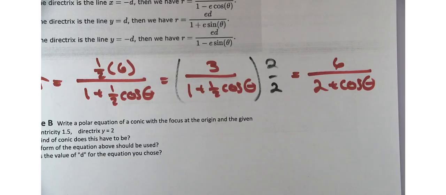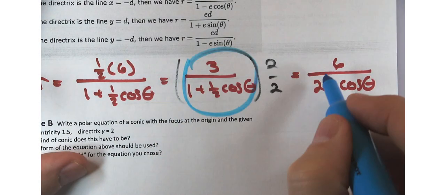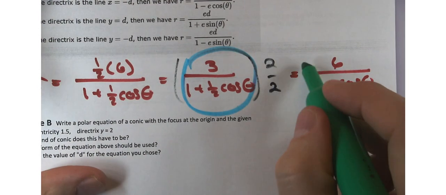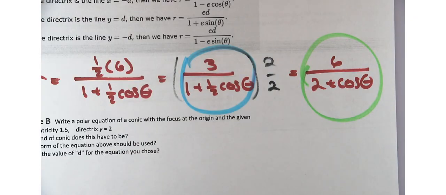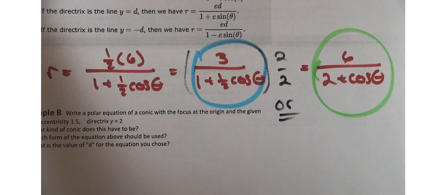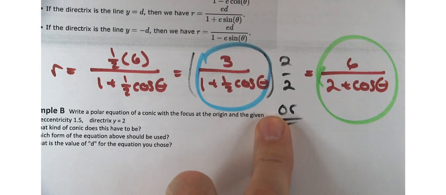So I'll take this or this as a final answer in a problem like this. And that's it. That's all they're asking for there, is to figure out what kind of equation this would be, what it would look like.